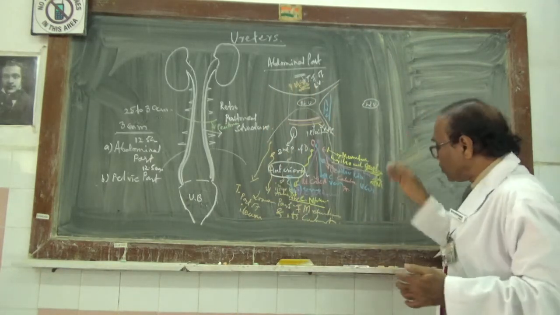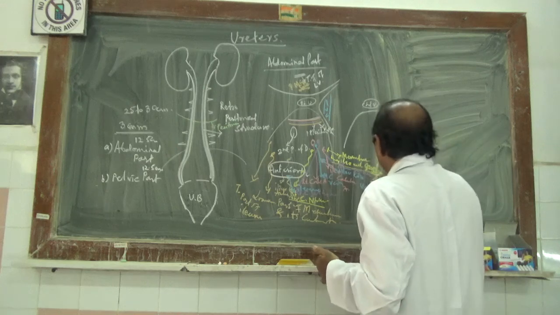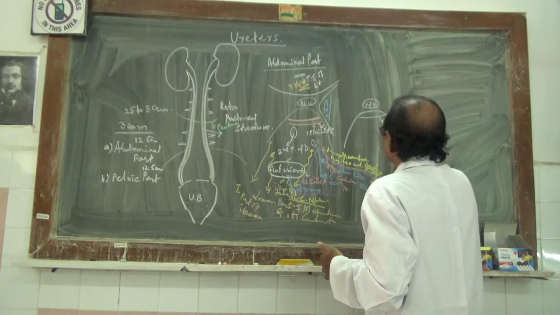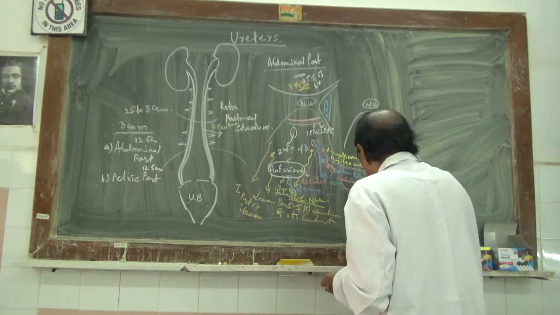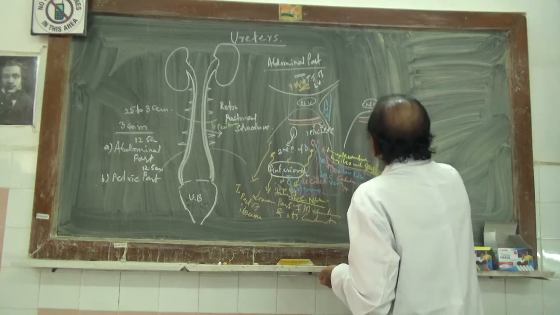Now you have to go to the left ureter. Anteriorly, definitely the parietal part of the peritoneum, with that the visceral part of the peritoneum. This is the visceral.